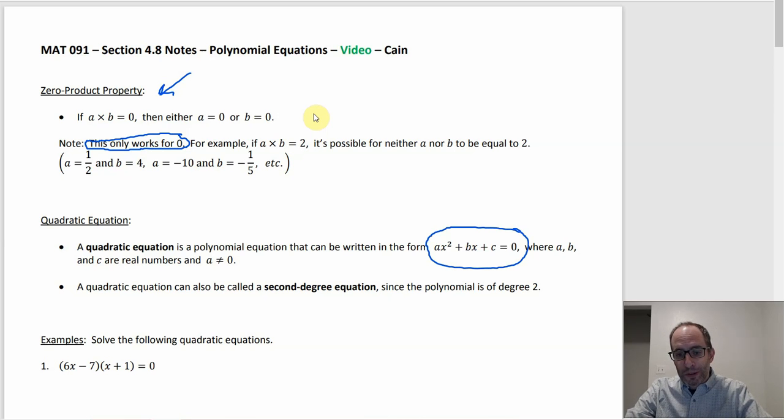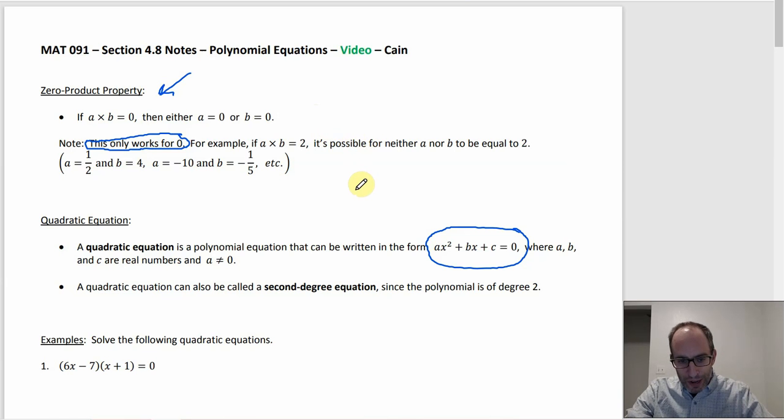To be a quadratic equation, it's got to have a degree 2 polynomial in it, so a can't be 0, because you've got to have the x squared term in there. But a, b, and c are real numbers, and just a can't be 0, so you have the correct degree. A quadratic equation and a second degree equation are the same thing. Usually the term quadratic is used, but really that just means degree 2, which is that your largest exponent is a 2.